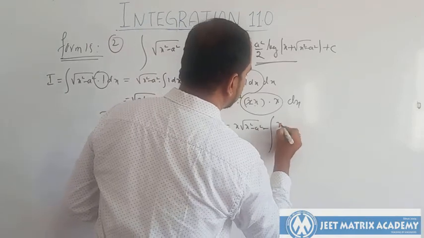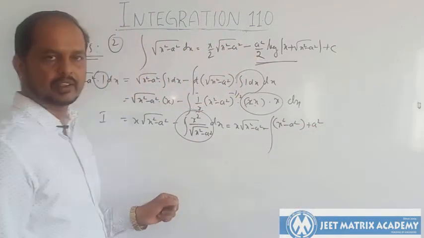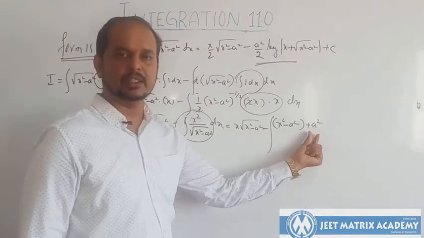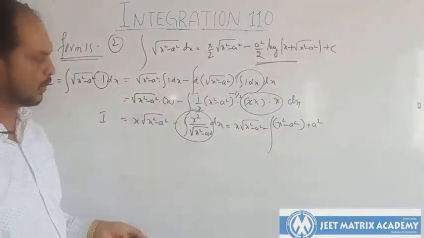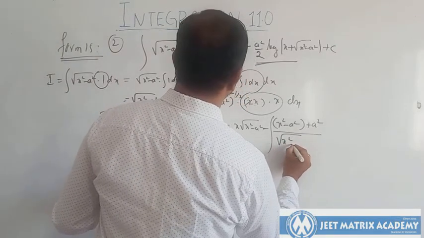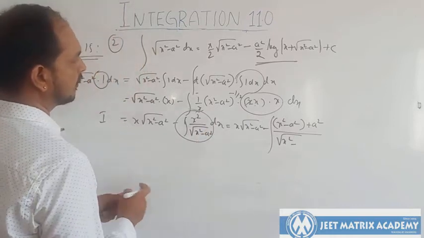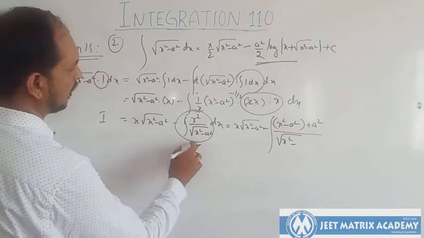So the simple way is x square minus a square, I'll add a square. So now minus a square plus a square get cancelled, it will become x square, divided by root of x square minus a square.